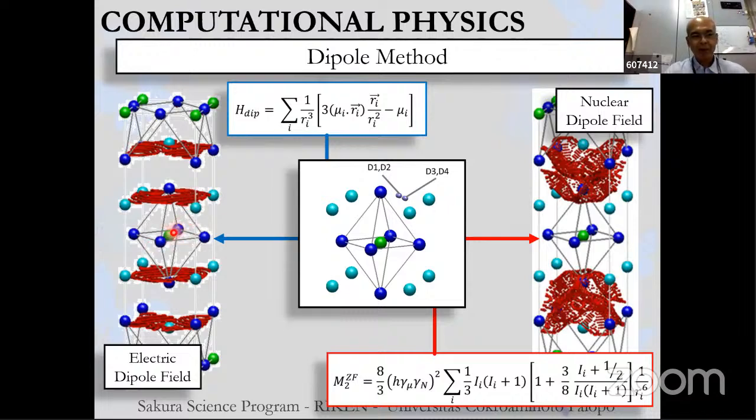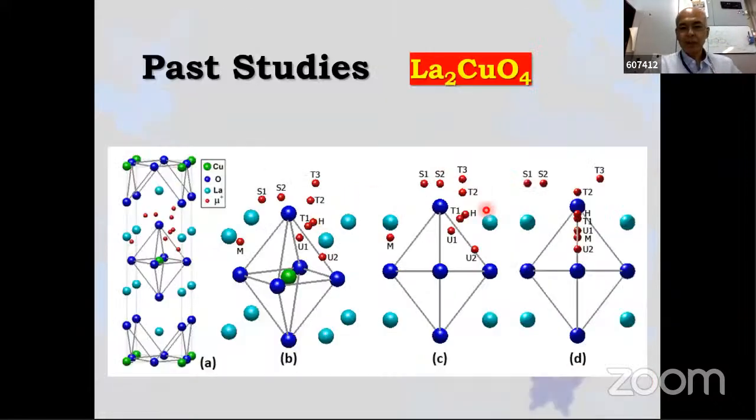Then the dipolar field comes from the copper spin, and we sum up the dipole field, covering a larger area to simulate. Then we judged whether the position was true or not.